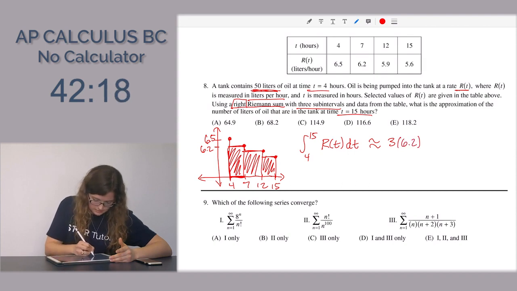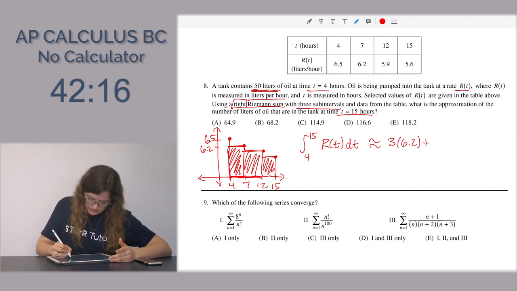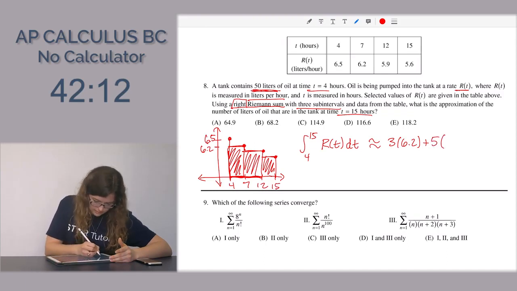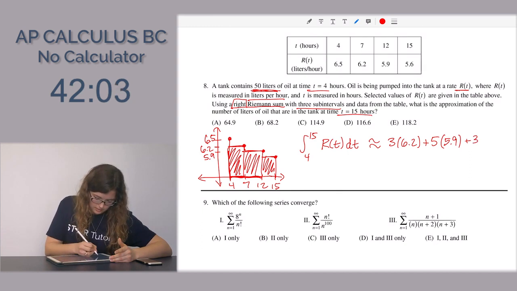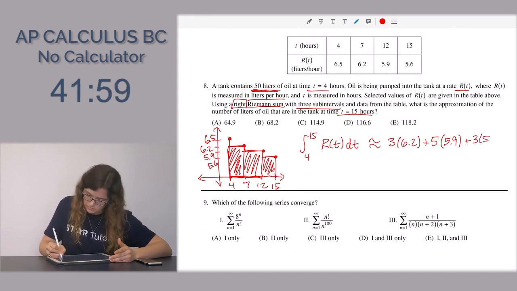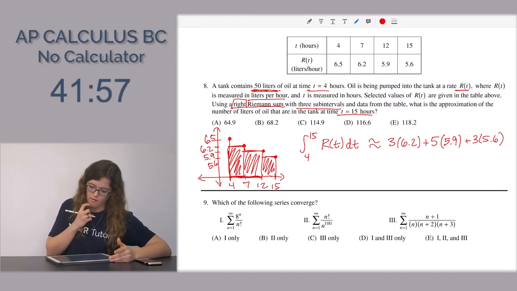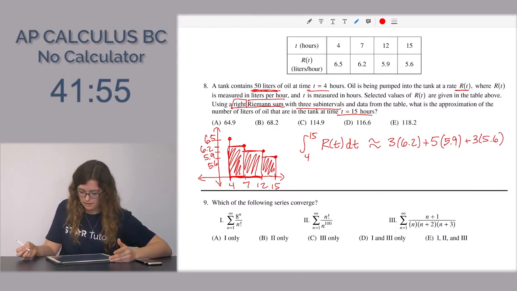And then the next one has width 5 and has height 5.9. And then the last one has width 3 and height 5.6. Okay, so I multiply those out and I add them together.